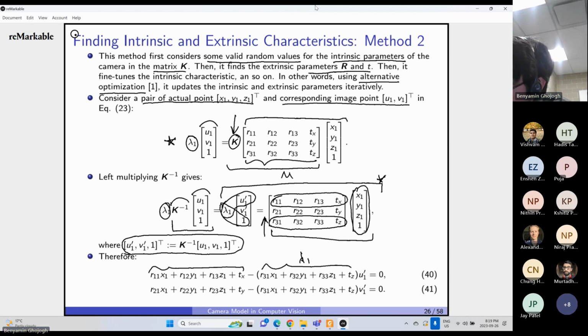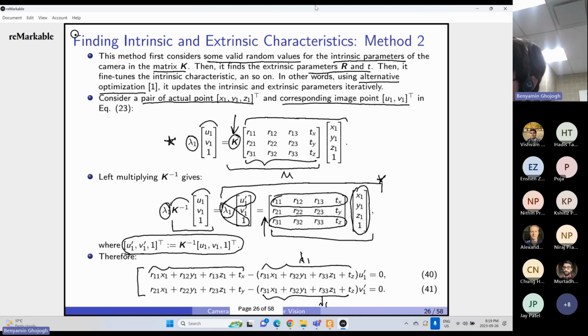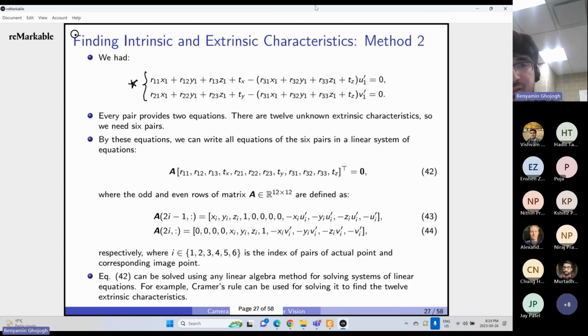Then I will have three equations where I'm replacing lambda 1 in the first two equations. Then I will get these two equations. Agreed? So I have these two equations, and every pair, x1, y1, z1, and u1, v1, gives me two equations, right?